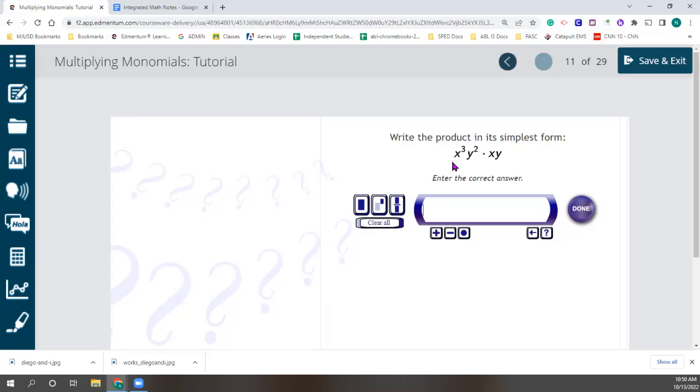X exponent 3 plus exponent 1 from the single X multiplied by Y squared, or Y to the second power, plus 1. Then I'm going to do that easy math.